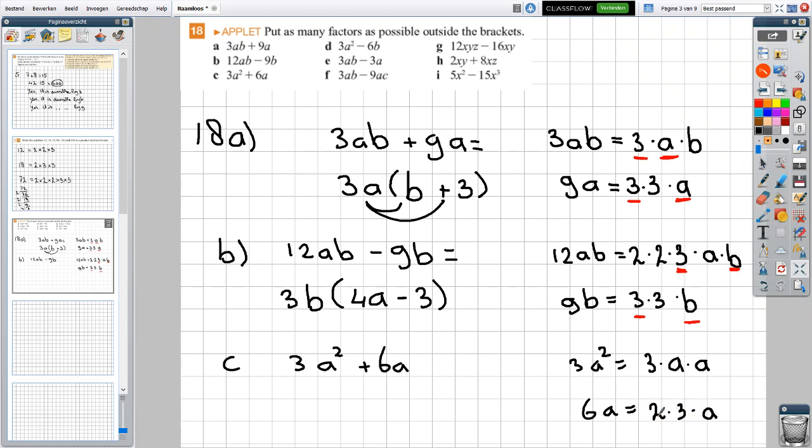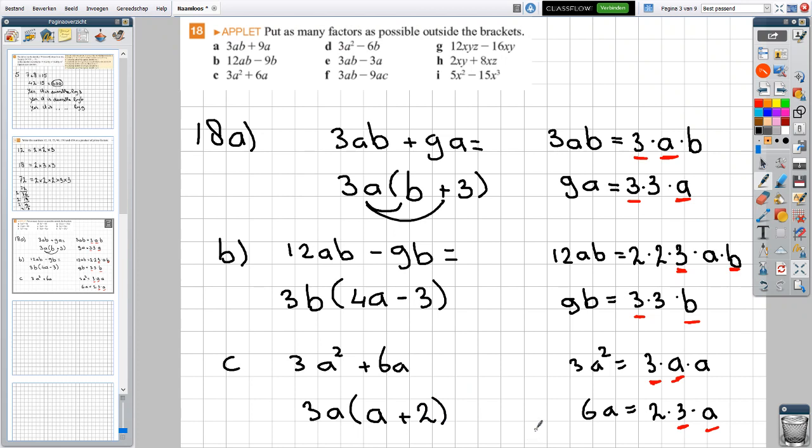Remember to write it down in prime factors, because otherwise you will not find that they have the number 3 in common. And a. So my common factors are 3a. Write those outside of my brackets. And I'm left with a here. Plus. And I'm left with a 2 here.